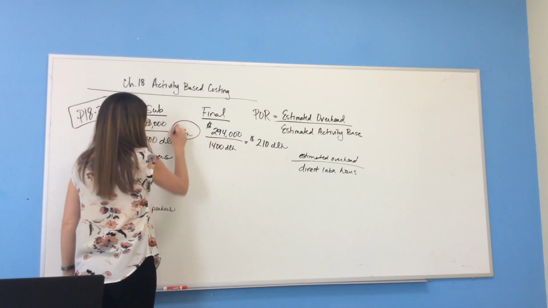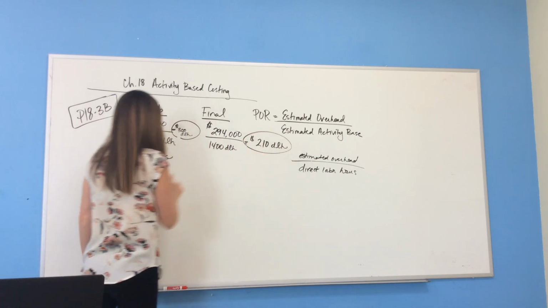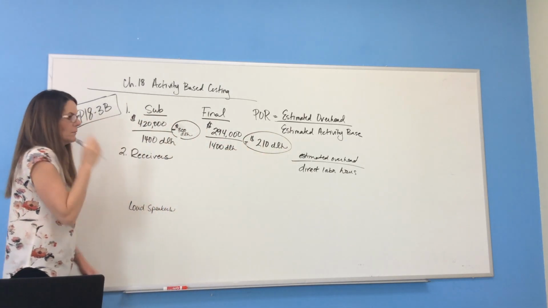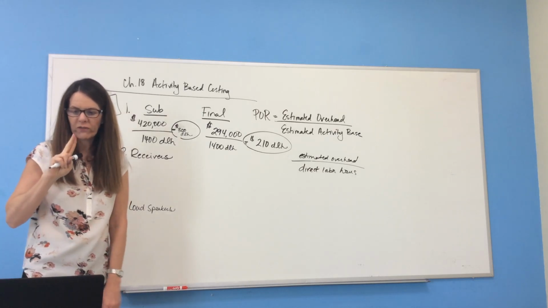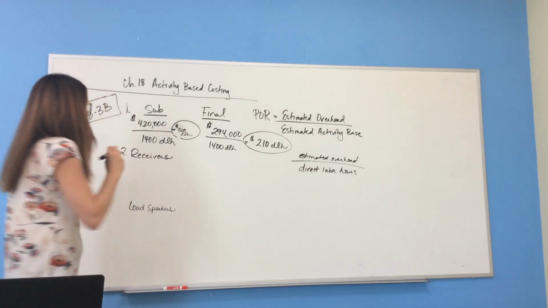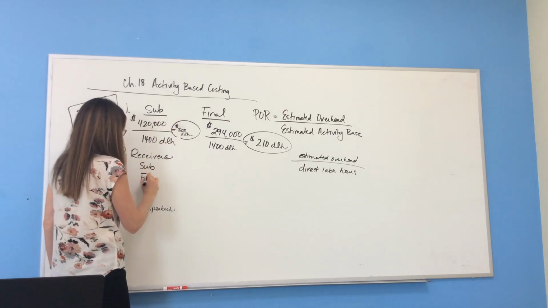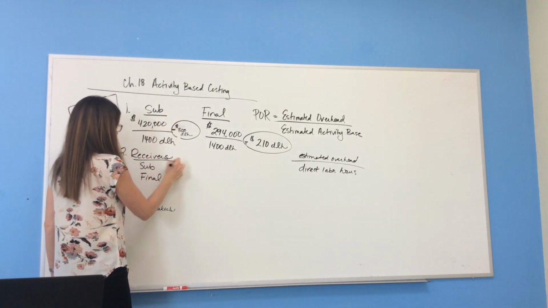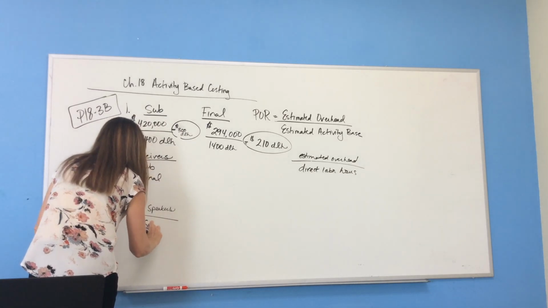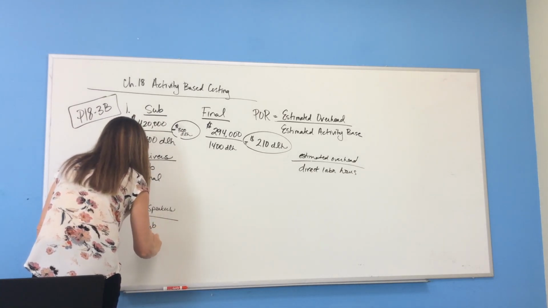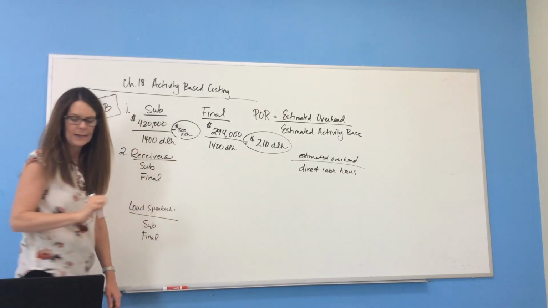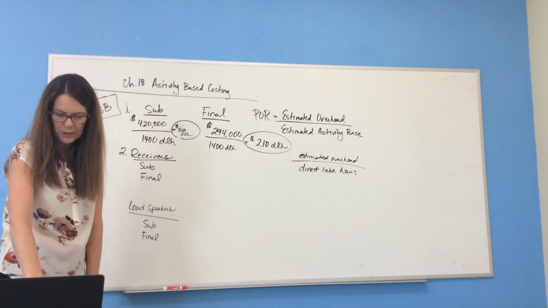So I'm going to use these rates here to find out what my factory overhead is going to be for these 2 different products. Each one has its sub-assembly and its final assembly for receivers, and then also for loudspeakers, its sub-assembly and its final assembly. So we're going to have to use some information in the chart.